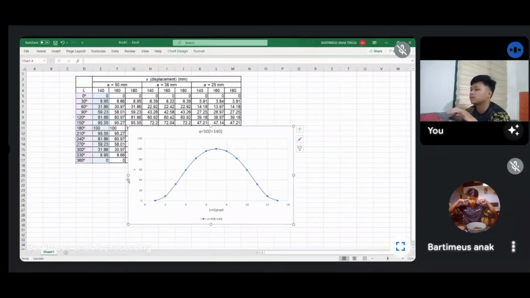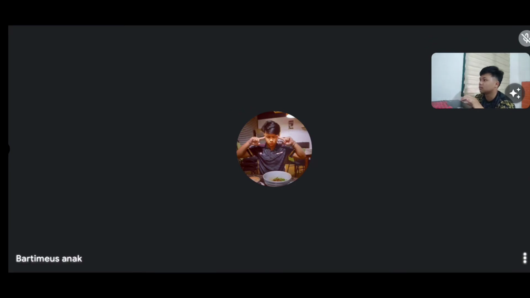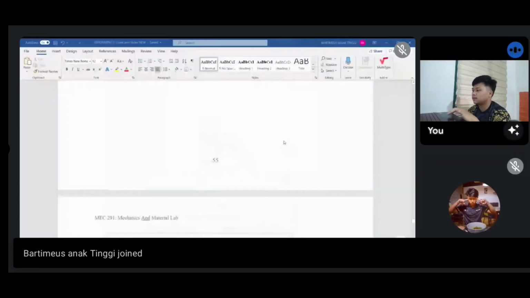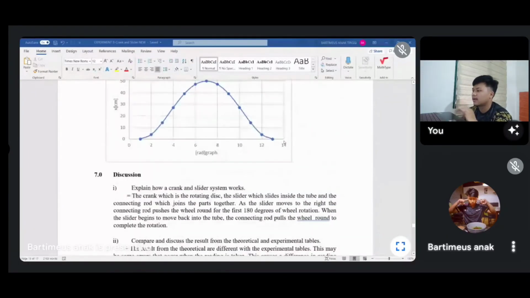Okay, next we go to the discussion. For the discussion, question 1. Explain how a crank and slider system works.